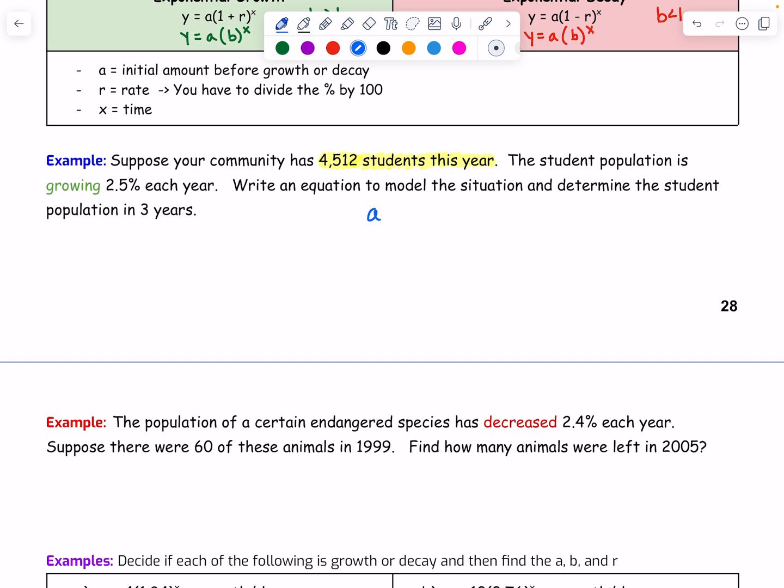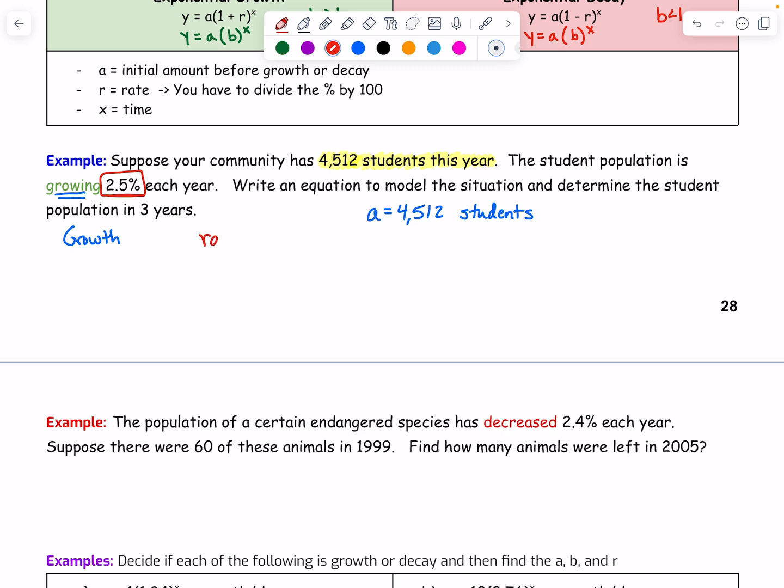So a is the initial amount, and that's going to be 4,512 students. The student population is growing, and they certainly won't always put that in another color, but in this case, for this example, it is. But you want to look for words like growing at a rate per year. So that's growth. So that's telling us that we have a growth formula that we're going to look at. And then the rate they gave us is 2.5%.